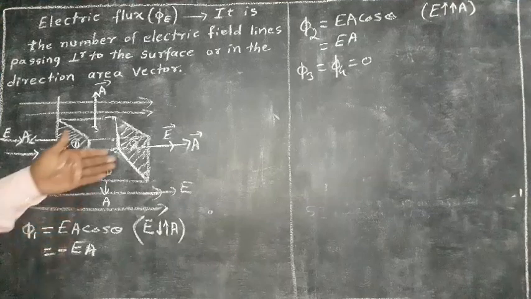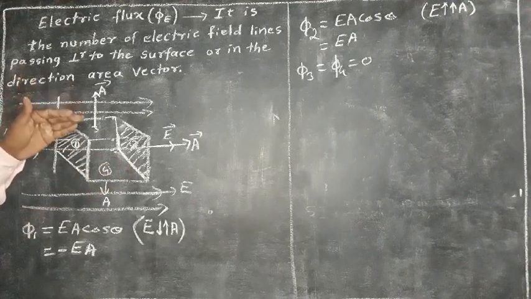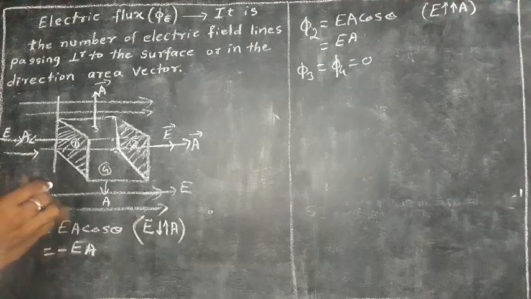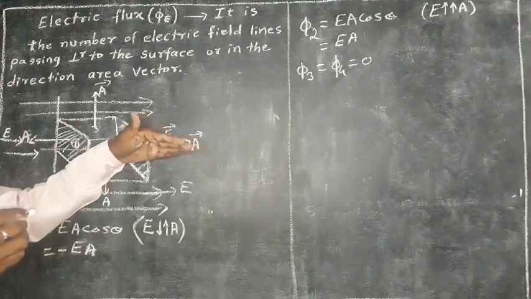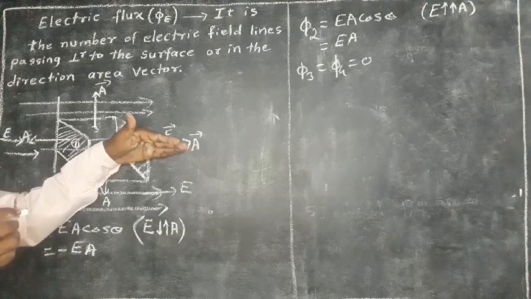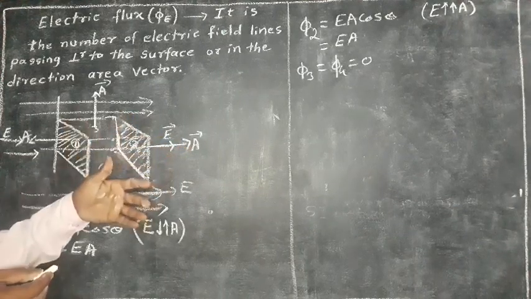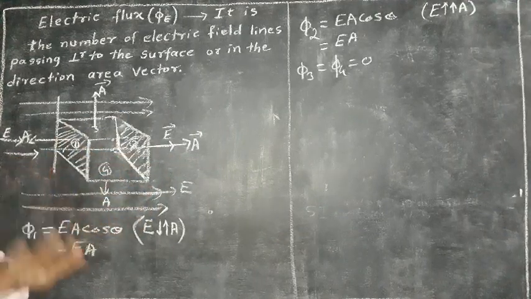Now consider the front surface and the back surface. For the front surface, the area vector is the outward normal, and the electric field vector is along the surface. Therefore, the angle between them is 90 degrees, cos 90 equal to 0. Therefore, phi 5, the flux through the fifth surface, is also equal to 0.